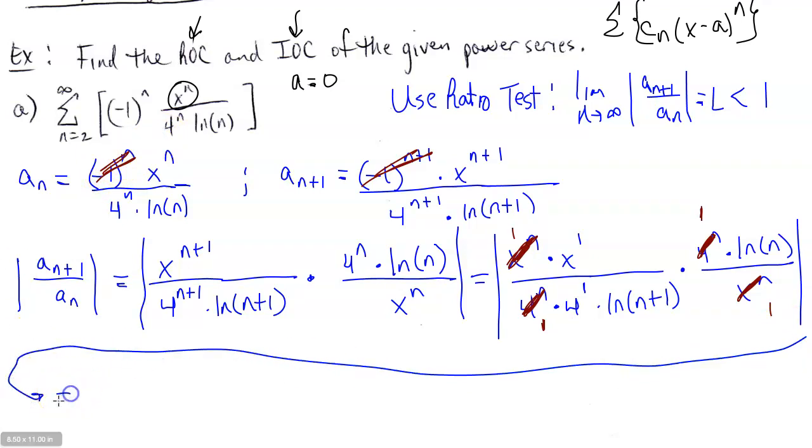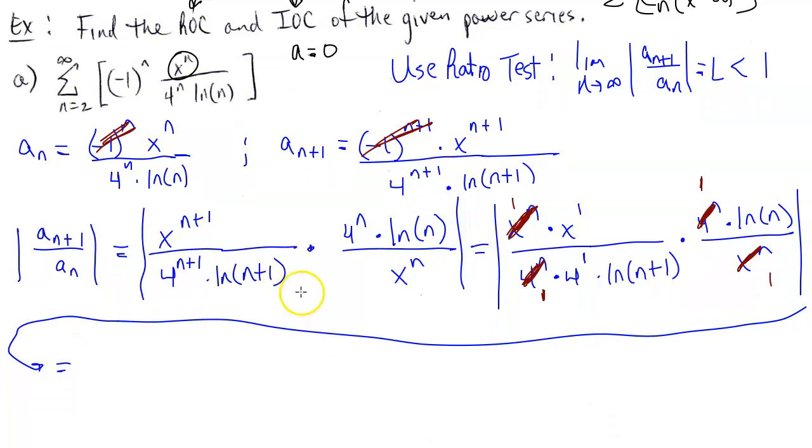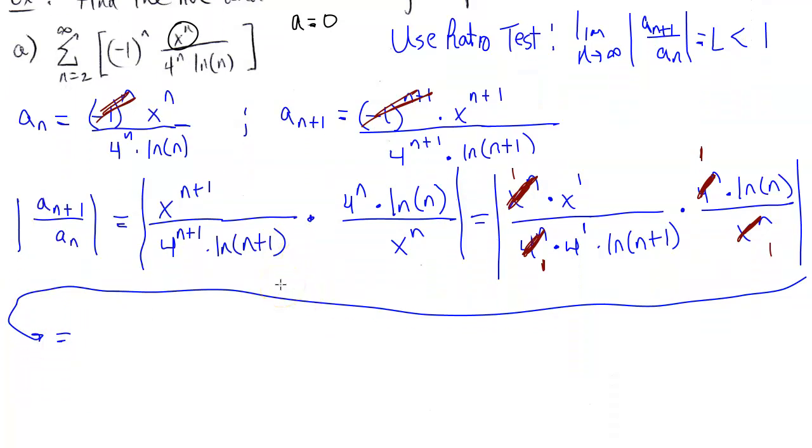All right, so now that we have this, we're going to rewrite what's left and then take the limit of it. So here we have x times natural log of n all over 4 times natural log of n plus 1. And it's going to be the absolute value of all of that.